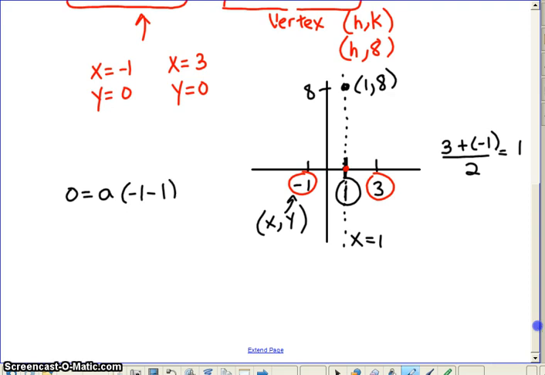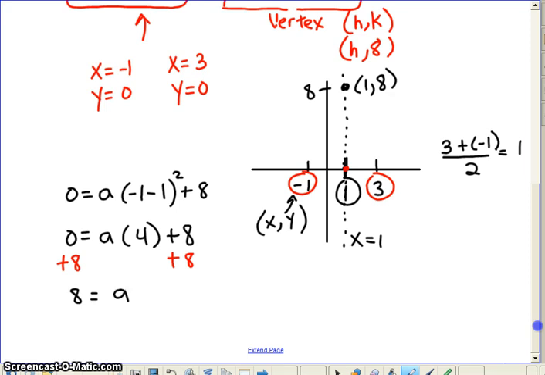Okay, quantity squared plus k, and k is 8, +8. All right, 0 is equal to a. -1 minus 1 is -2, and -2 squared is 4. I'm going to add 8 to both sides. 8 is equal to a number times 4. Divide by 4. That number is 2.